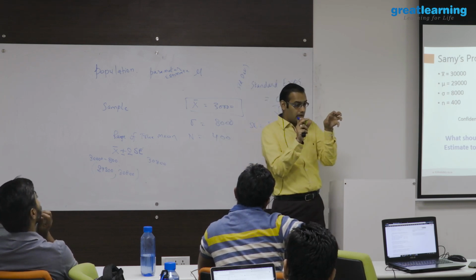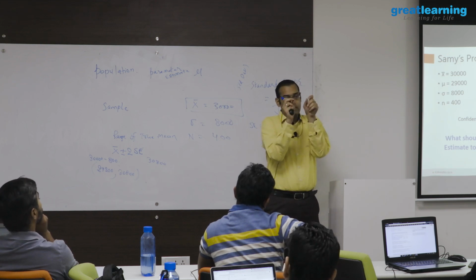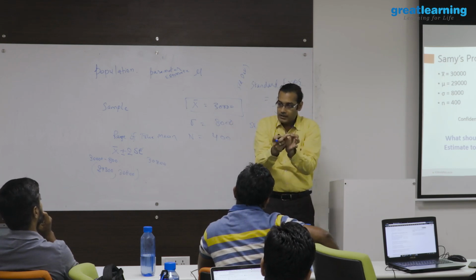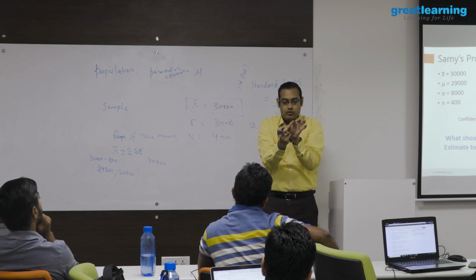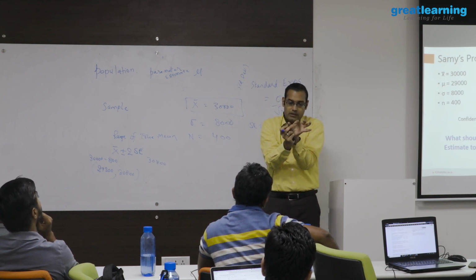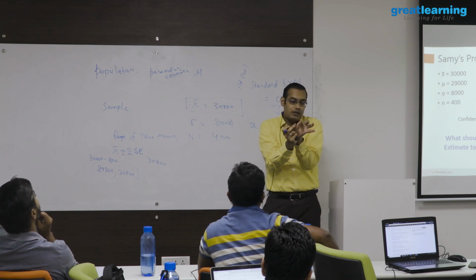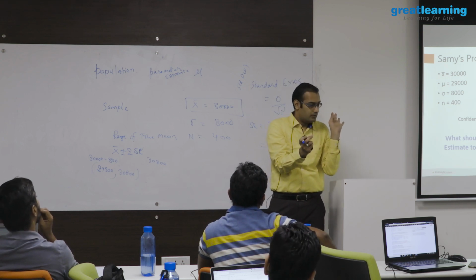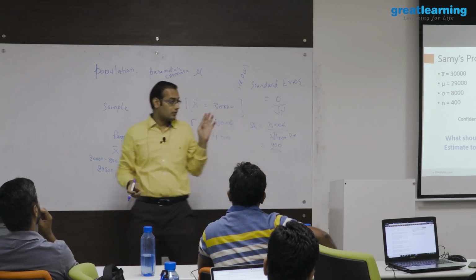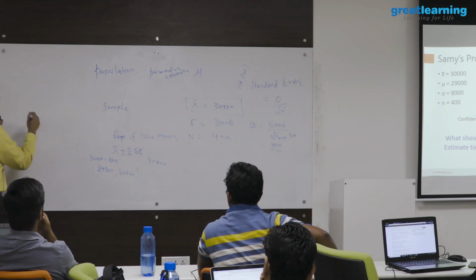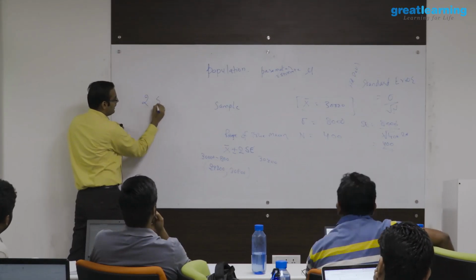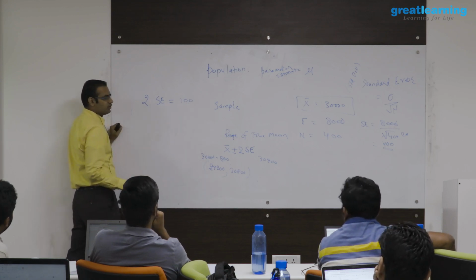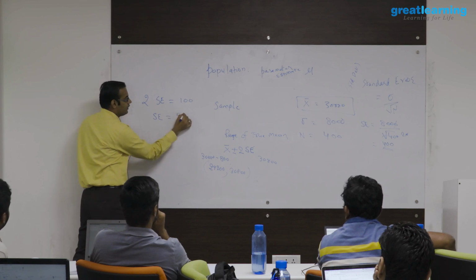Whatever mean you quote from your survey, plus 100, minus 100 is the range I want. So now I know at a 95% confidence, 2 standard errors can be equal to 100. So my standard error can be max 50 only.